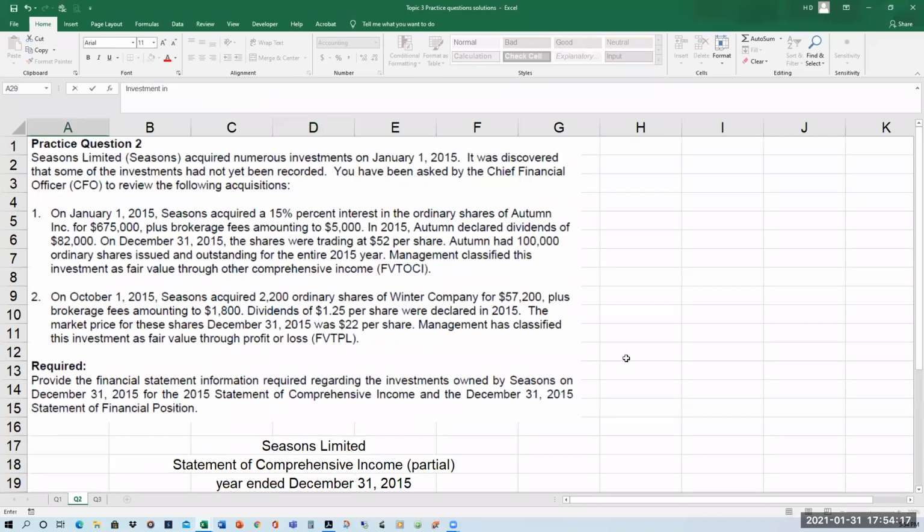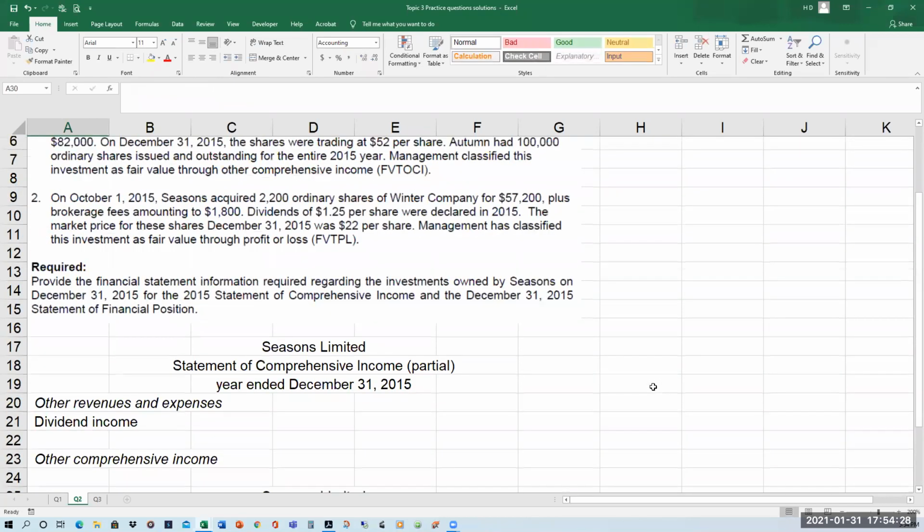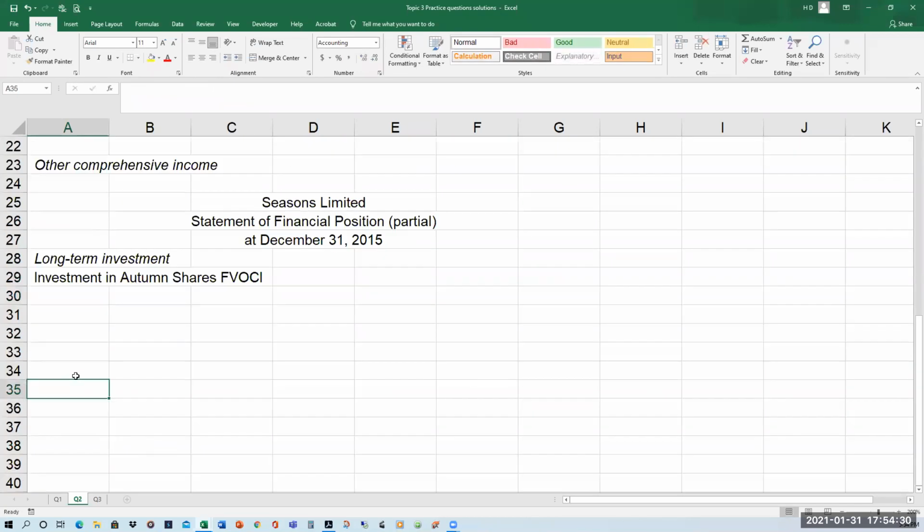So, investment in Autumn shares, fair value OCI. Okay, so let's try and do some calculations here.